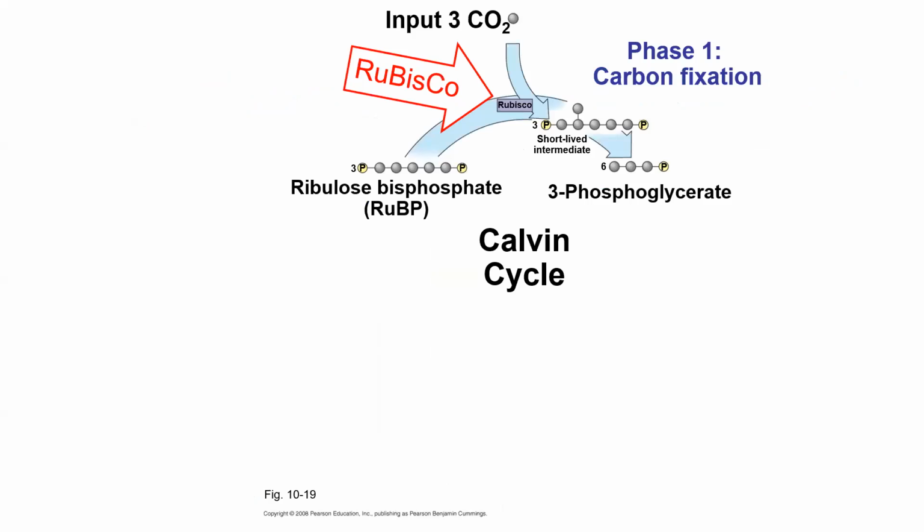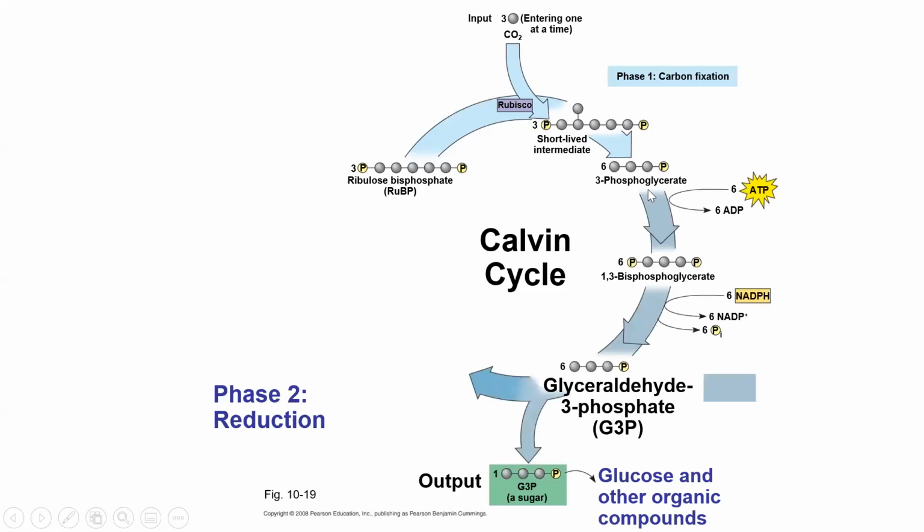All right, so back to the textbook image, and you can see this is basically the exact image I showed you, just maybe a different version. They're not showing the chemical structures, they're just showing the carbon as these little gray balls. So we start off with RUBP, which is 5 carbons and 2 phosphates, and we end up with a 6-carbon intermediate, which becomes these 3 phosphoglycerates.